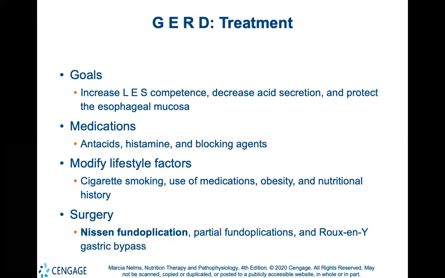Nutrition intervention for GERD: foods that may relax the lower esophageal sphincter include peppermint or spearmint, chocolate, fried foods with high amounts of added fat, alcohol, and coffee, decaffeinated and caffeinated. Foods that may increase gastric acid secretion include coffee, alcohol, and pepper.